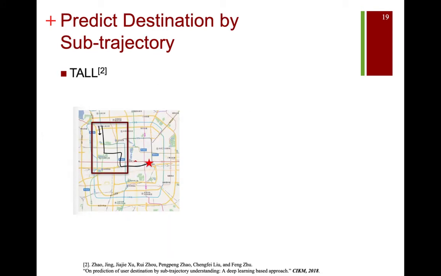The second topic is about destination prediction. The problem definition itself is very straightforward and easy to understand. What we have for the input is a sequence of sub-trajectory from an original trajectory, and what we need from the output is the possible destination of the original trajectory.